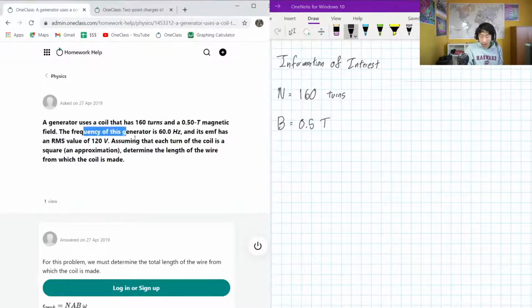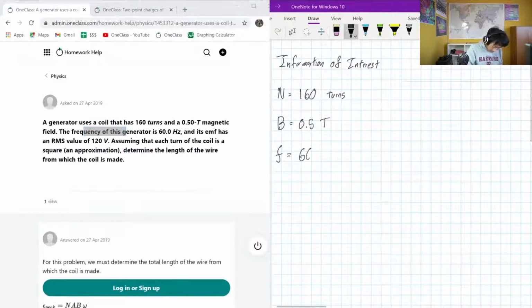The frequency is 60 hertz. And its voltage, or let's just call that EMF, is equal to 120 volts RMS.